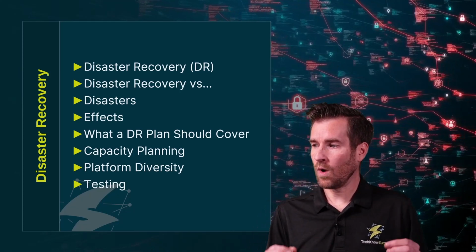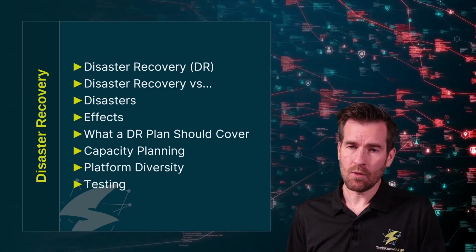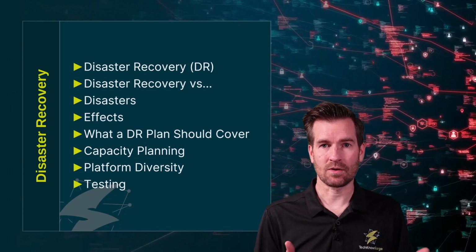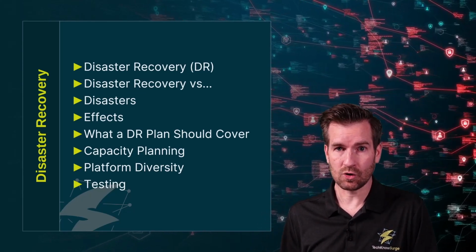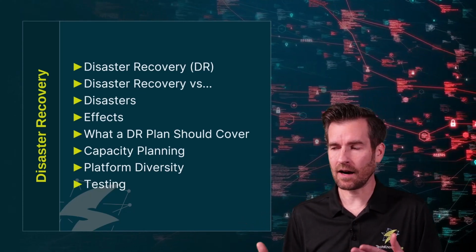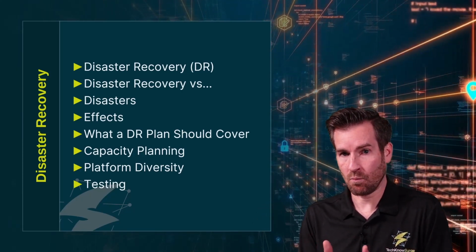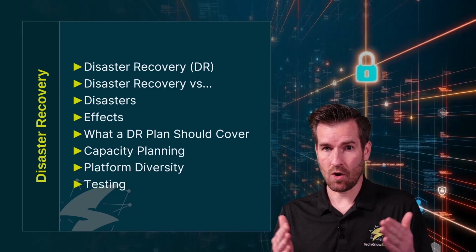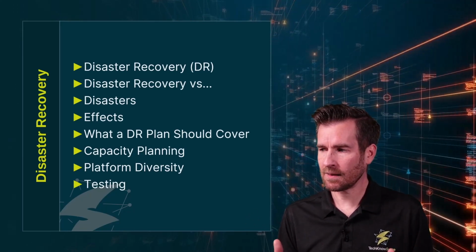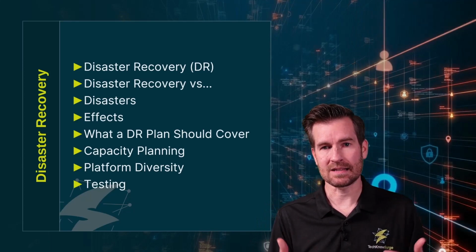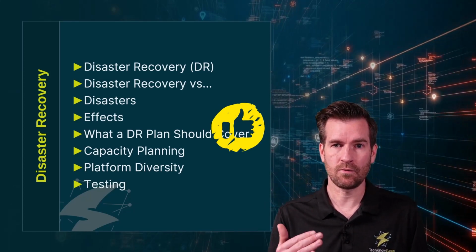We talked about what a DR plan should cover. We talked about capacity planning to make sure that whatever it is that you're failing over to, we have the capacity to take on our customers. We talked about platform diversity and maybe what we want to do is actually go across different vendors. We talked also about testing and different steps you could take for testing.